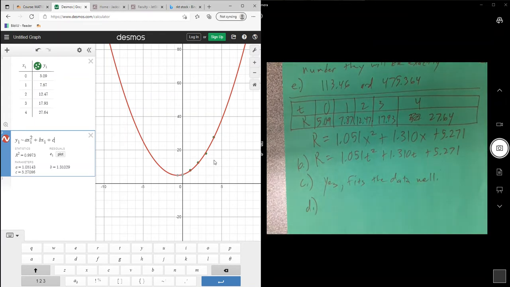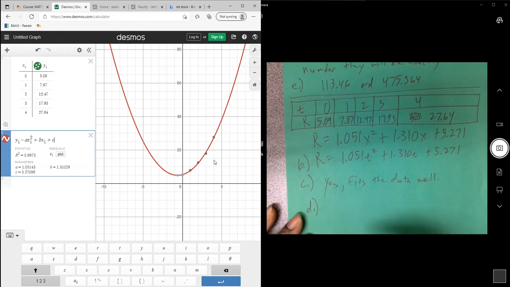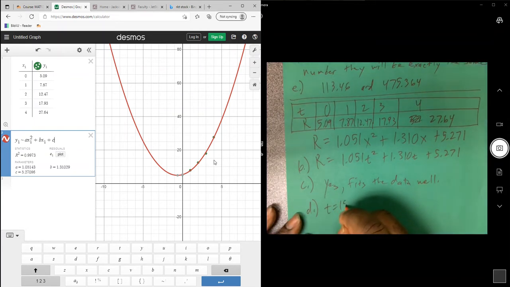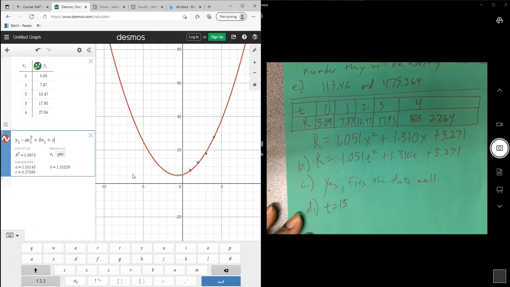So now we do D. It says use the model to predict Facebook's revenue in 2027. Do you have confidence in this prediction? So it says here 2027. We know that's 15 years from 2012. So that means T is 15. So now what we would need to do is substitute in 15 for T here.